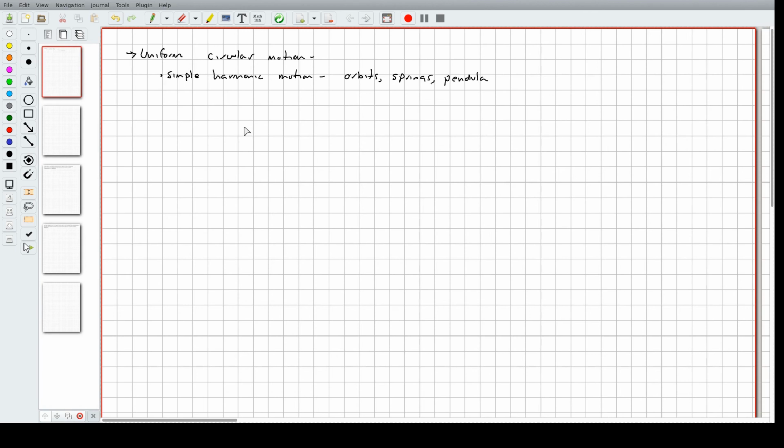Now, in order for there to be uniform circular motion, you have to have a constant speed and the radius length is constant.